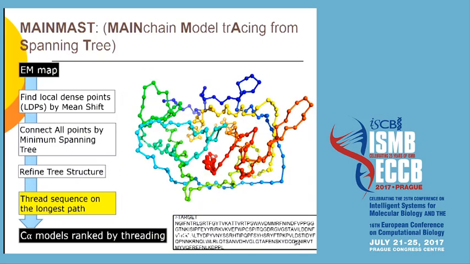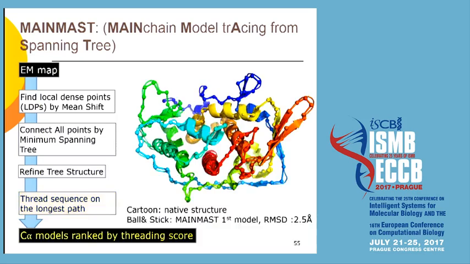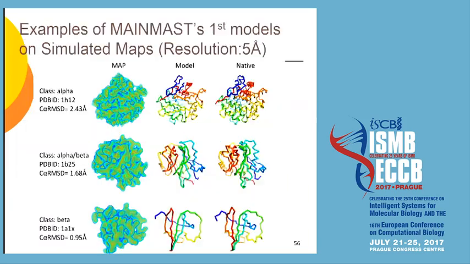And this is how the structure looks. In this example, the first model, and then the models are scored by the threading score. And in this example, RMSD is 2.5 angstrom.